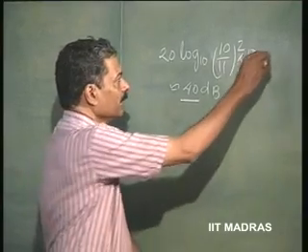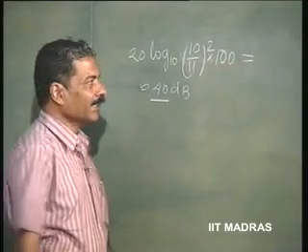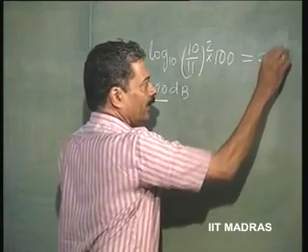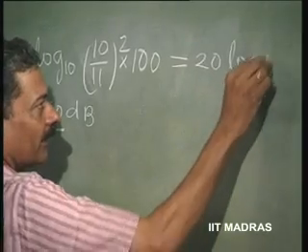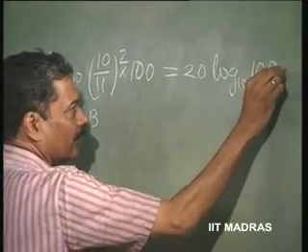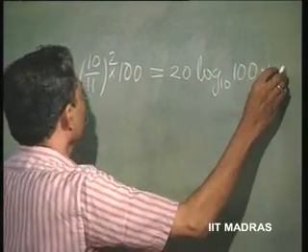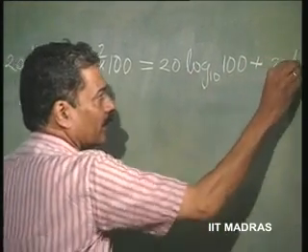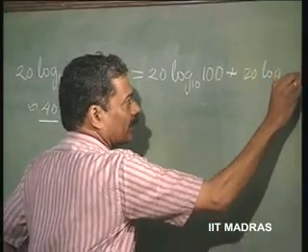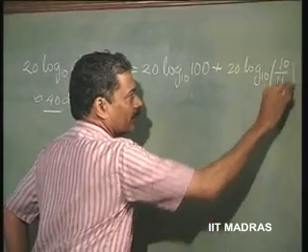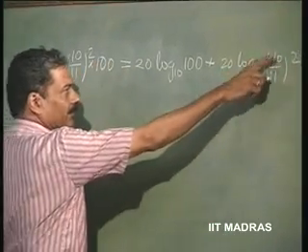So, this gain now can be more exactly given as 20 log to the base 10 100 plus 20 log to the base 10 over 11 whole square. This is less than 1.